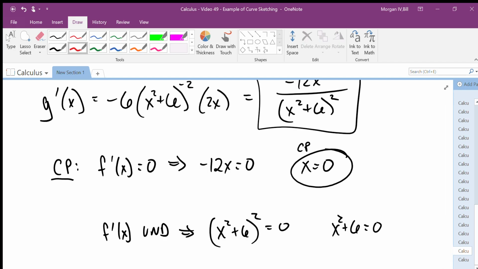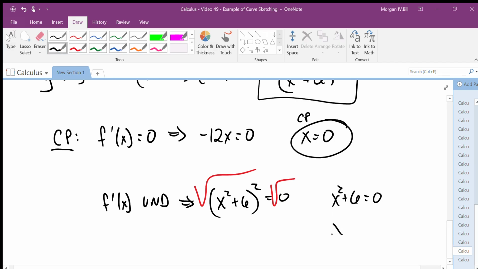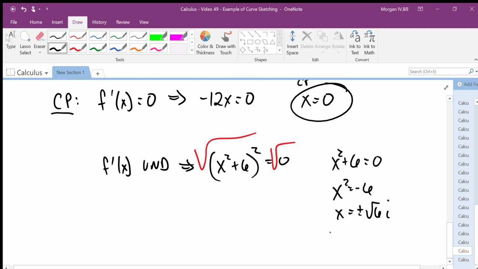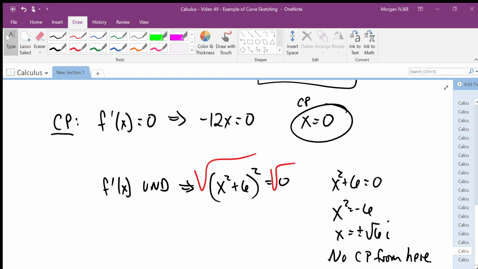And we're still getting that same x squared is equal to negative 6, x equals plus or minus root 6 i. So imaginary, that means it's not real, so we're getting no critical points from here. So the only critical point I have is at 0.